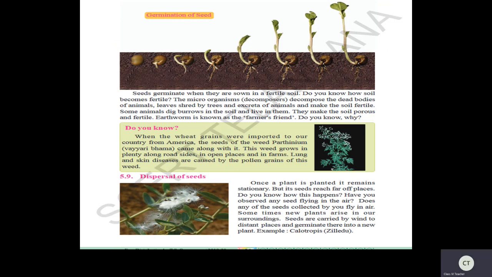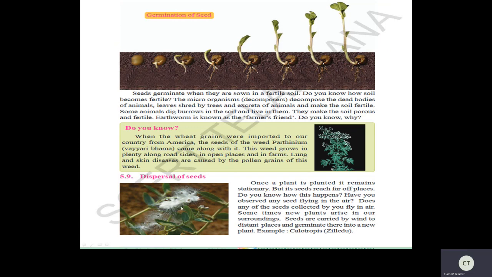Now see here, do any of the seeds collected by you fly in air? So can all the seeds fly in the air? No, only a few. For example, if you see this picture here, what is this? Calotropis, that is Jilledu. In Telugu, we call it Jilledu chettu, right?